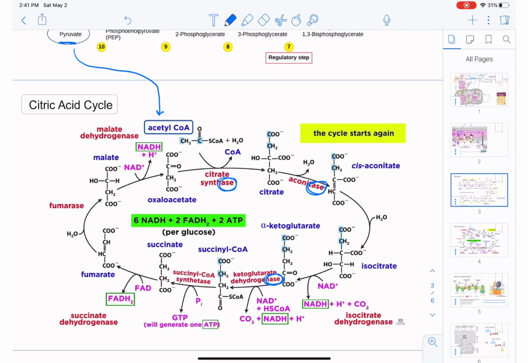Now, what are the main products from the citric acid cycle? FADH2 and NADH molecules. These electron carriers are going to carry electrons to the mitochondrial membrane to be used in the electron transport system.